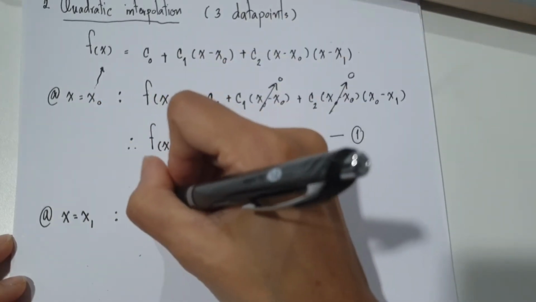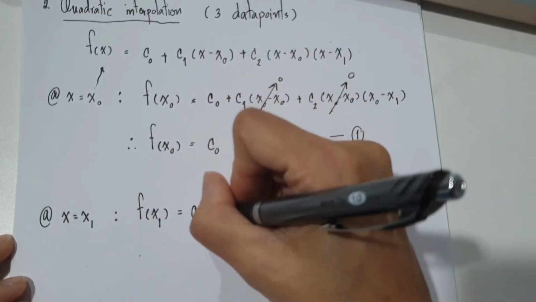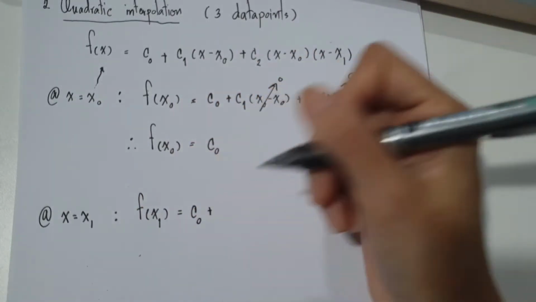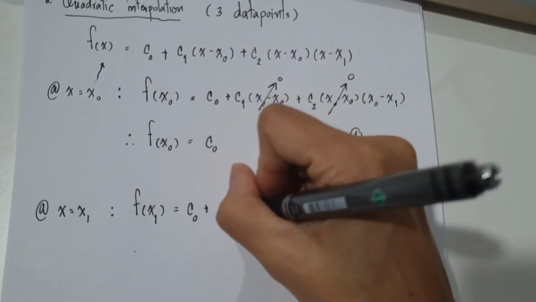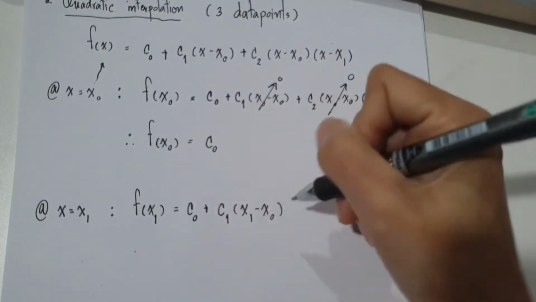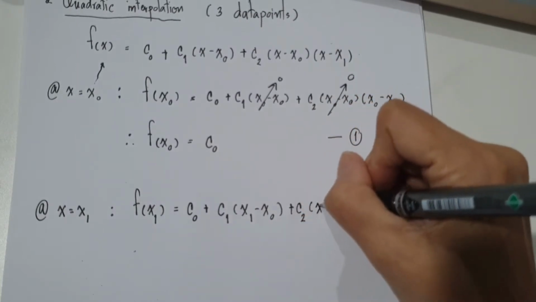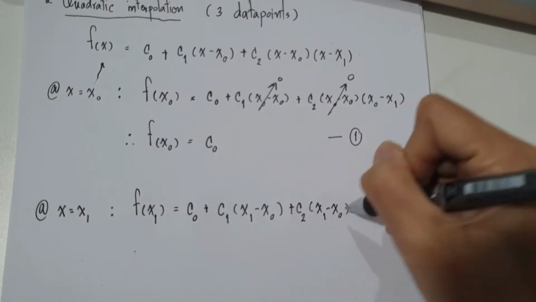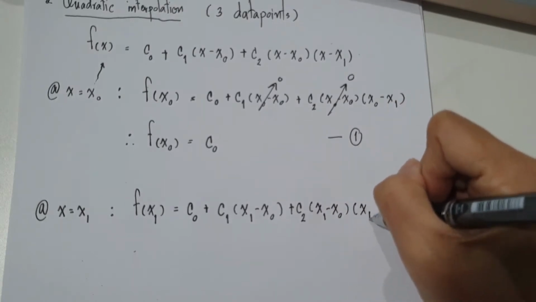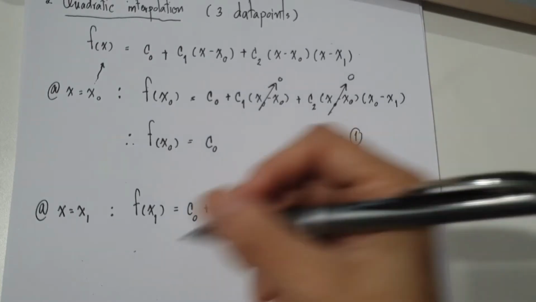So f(x1) is equal to c0 + c1(x1 - x0) + c2(x1 - x0)(x1 - x1). This term is 0.